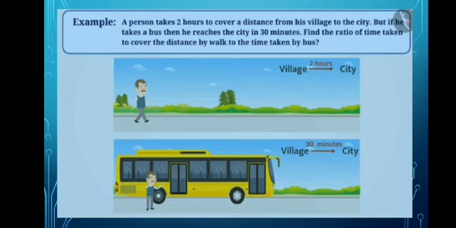A person takes 2 hours to cover a distance from his village to the city. But if he takes a bus, then he reaches the city in 30 minutes. Find the ratio of the time taken to cover the distance by walk to the time taken by the bus. How can we solve this problem?